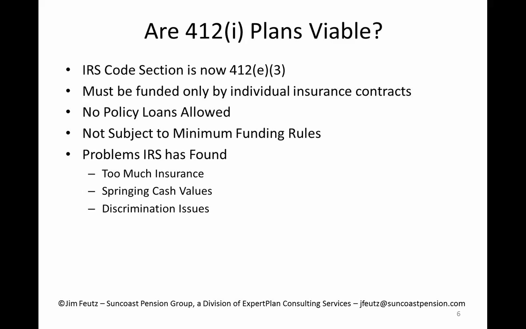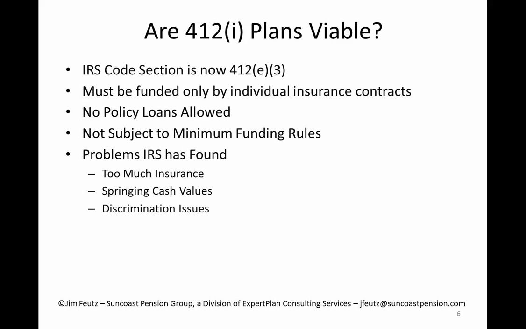There's also discrimination issues. If you have any staff participants that must be covered because they meet the eligibility rules, it's difficult to design a plan that will not be discriminatory and still have a reasonable cost, because the policies have to be the same for all the participants, and that can be very expensive.